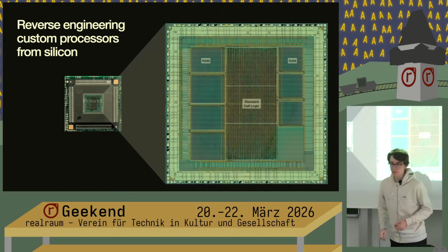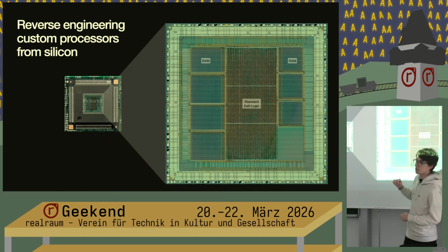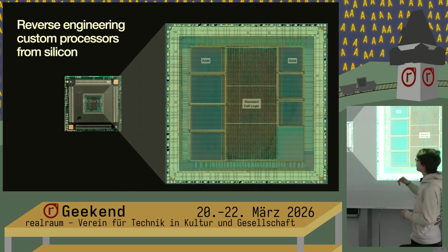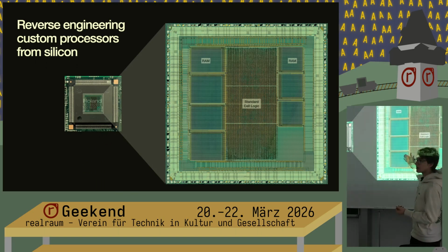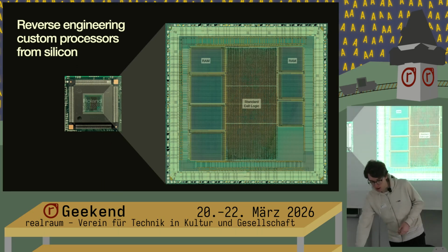Well, we started by reverse engineering the custom processor, decapping the chip and looking at all the wires inside the chip and how they interact with each other. We noticed there were a bunch of areas that were RAM, and a bunch of areas that were standard cell logic, and we started putting the pieces together.